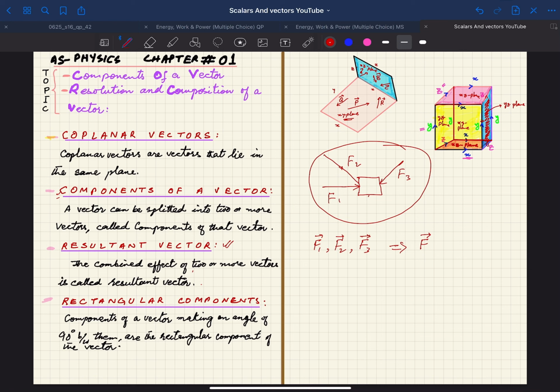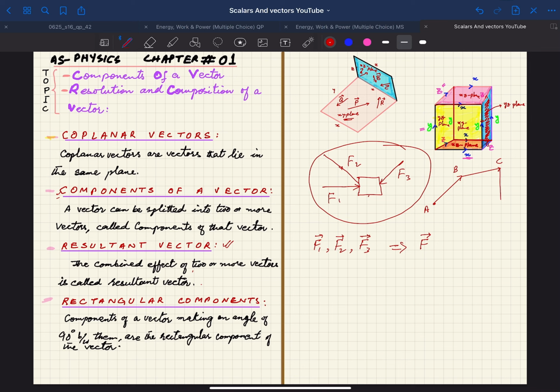Suppose we start from a point A and move to another point, suppose B. This is one distance covered, or displacement, in a particular direction. Then we have another displacement from B to C in another direction.